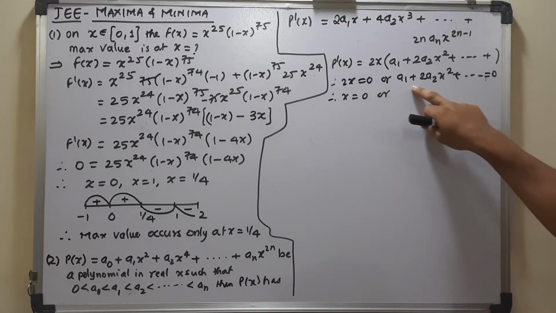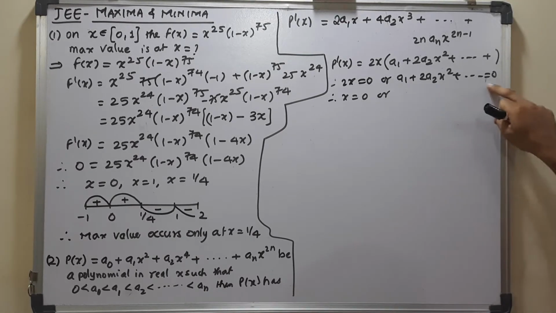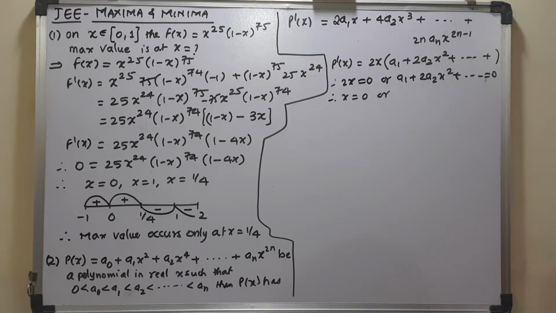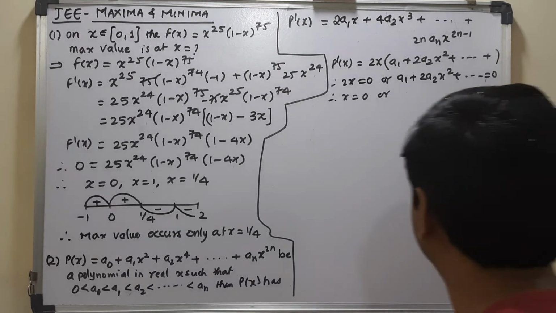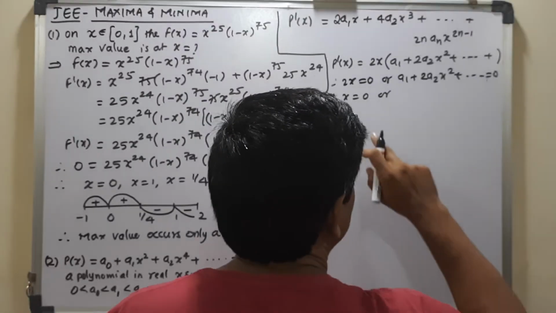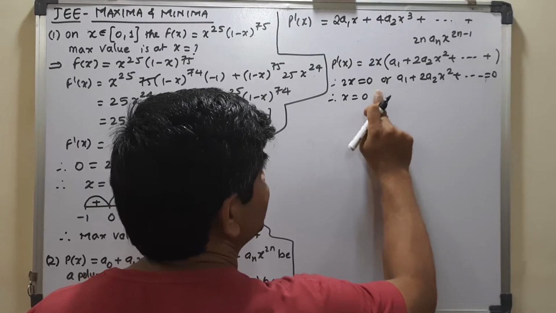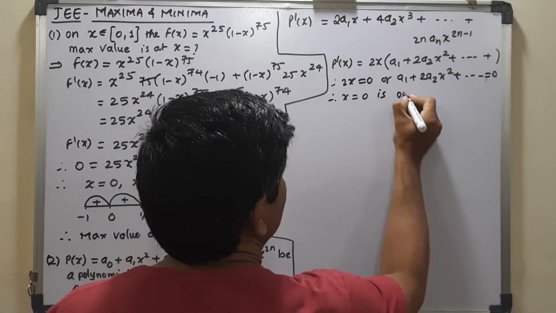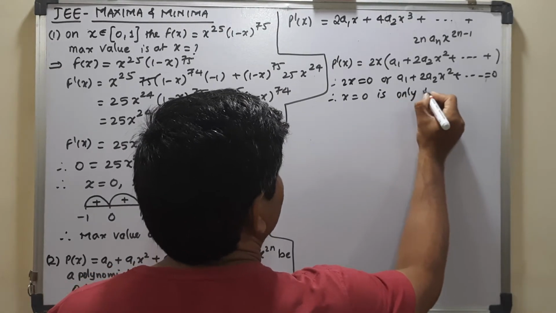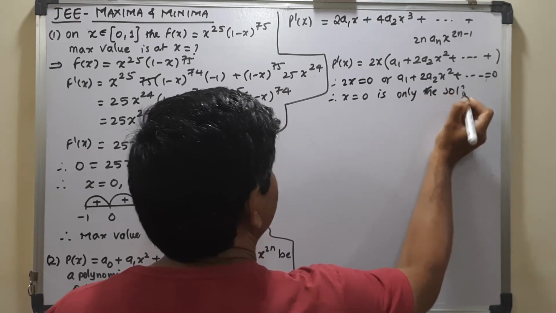That means this particular thing will not yield you any solution, right? So I can say here that I will get only x is equal to 0. X is equal to 0 is the only solution, right?